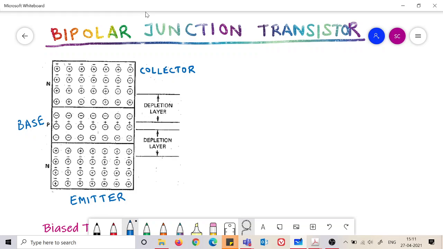So emitter, base and collector. These three parts are doped differently.